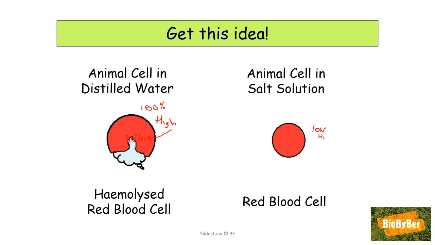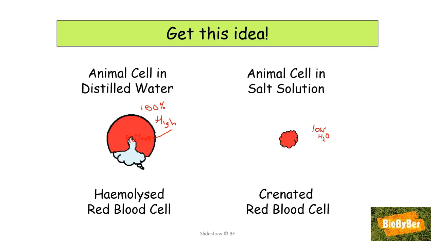So what will happen? Figure it out. The water will move from a region of high water concentration inside to a region of low water concentration outside across the semi-permeable membrane. The red blood cell will shrink and shrivel up. Then you will have what we call a crenated red blood cell.